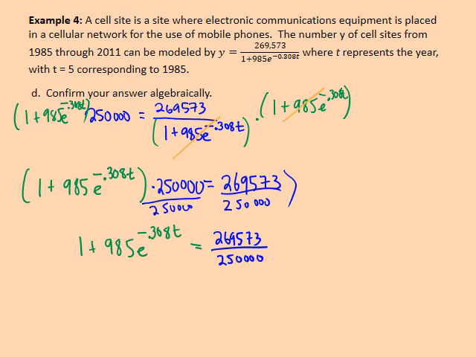Now, because this is an e equation, we need to isolate the exponent. So we're going to subtract by 1. Once again, this is just a number, not a pretty number, a decimal number, but just a number. So we have 985e to the negative 0.308t equals this fairly large number, which we can store if we want, or I'll just keep writing it out.